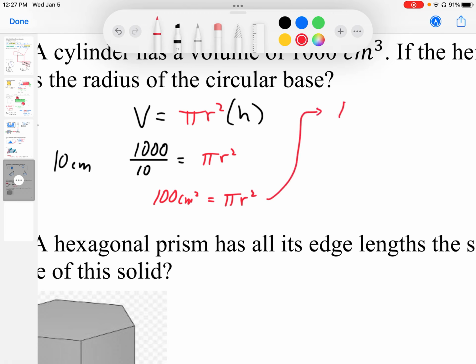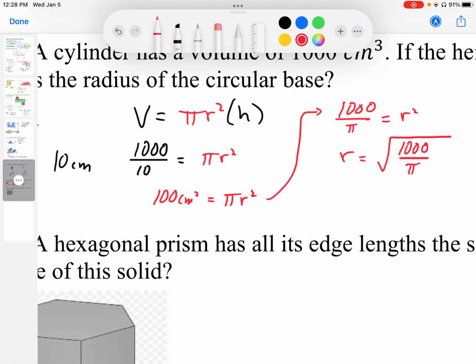I need to divide both sides by pi to get rid of the pi on the right-hand side. And then solving for r, we're going to square root, we're going to undo that square. So it's going to be 1,000 divided by pi, square root.